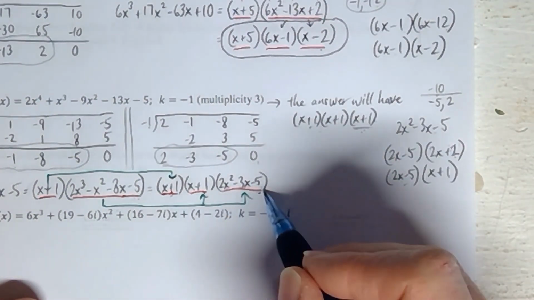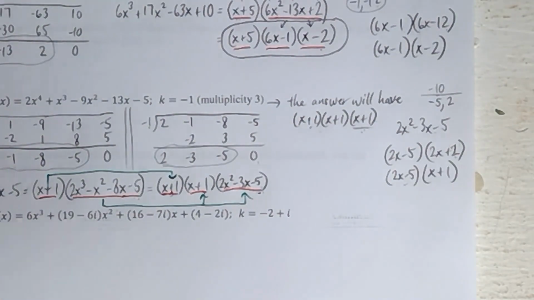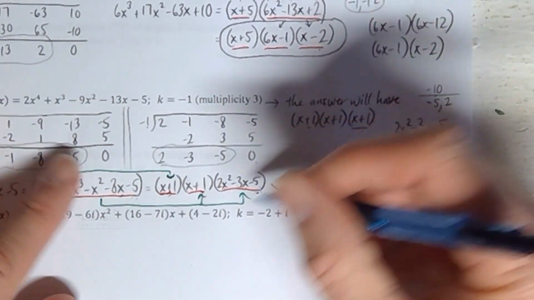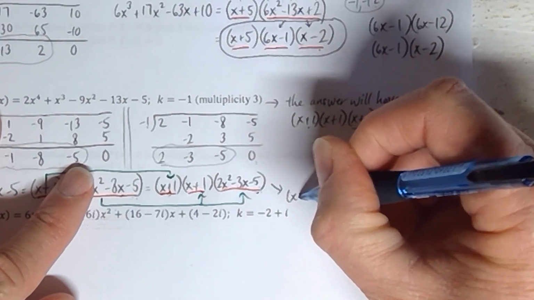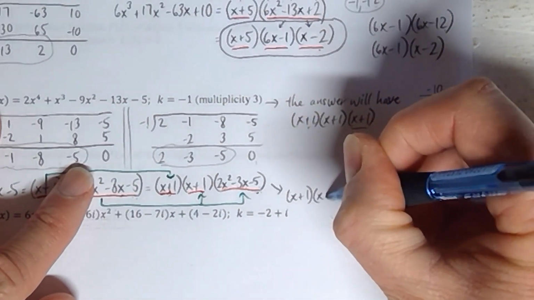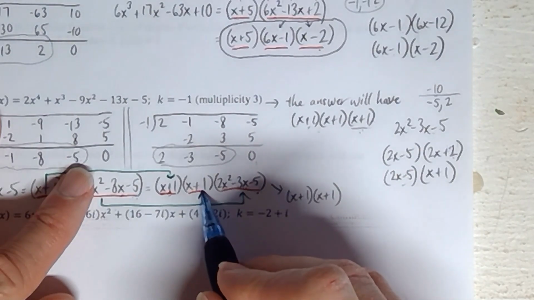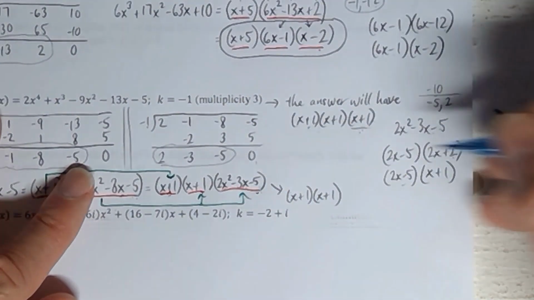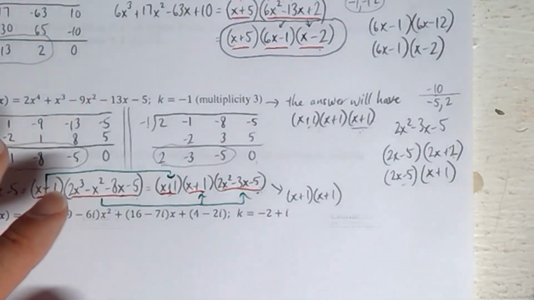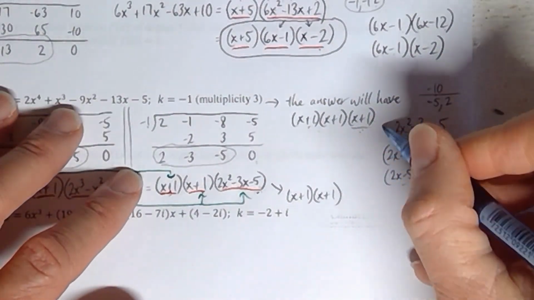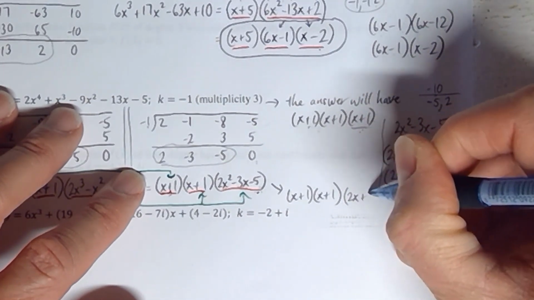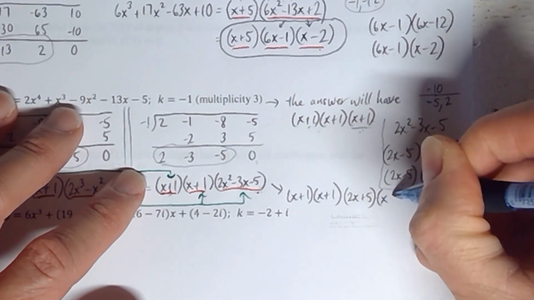And so this final quadratic factor right here becomes what? It becomes, and I'll just write down the x plus 1 and the x plus 1 again right there. Those didn't change because they were already linear like we wanted them to be. But then this one right here becomes 2x plus 5 and x plus 1.